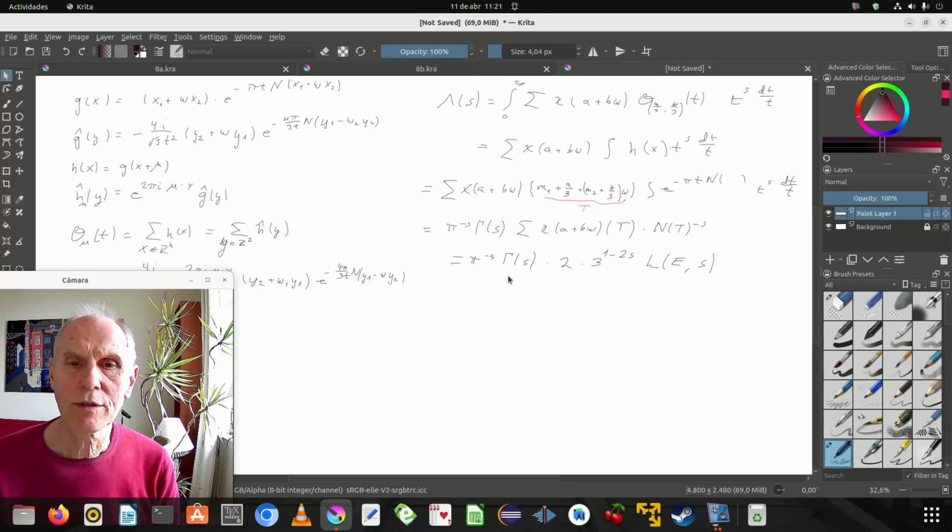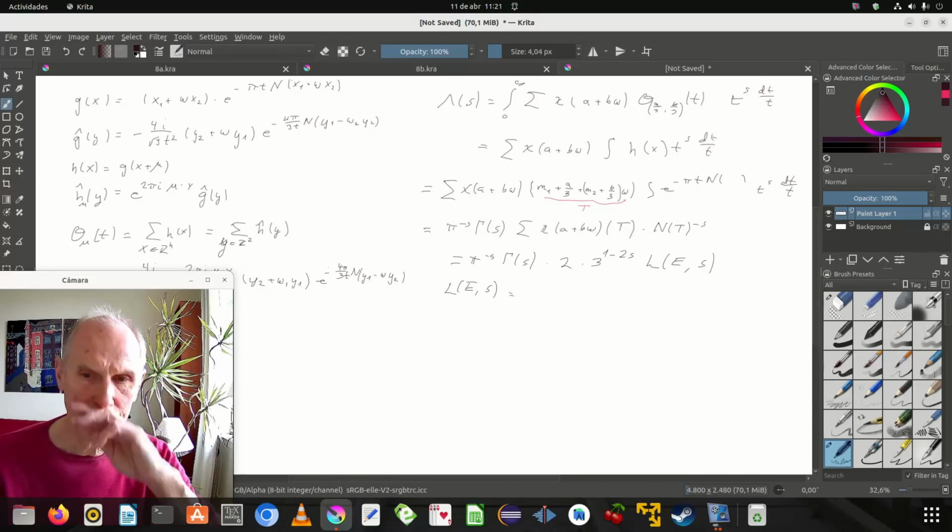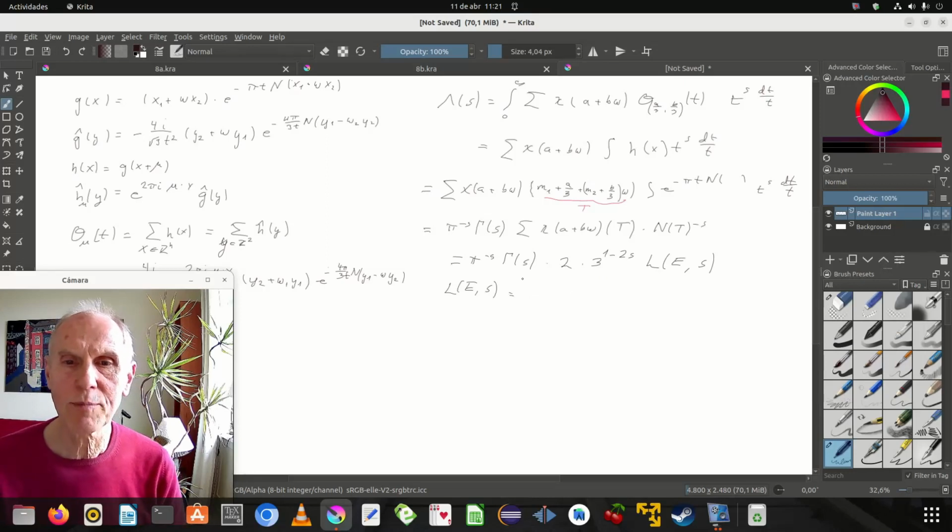So we isolate... never mind. Because 1 divided by gamma s is an entire function, we have that this guy is an entire function of s.